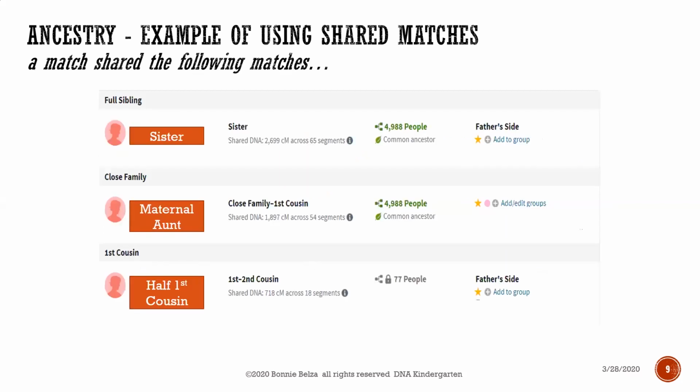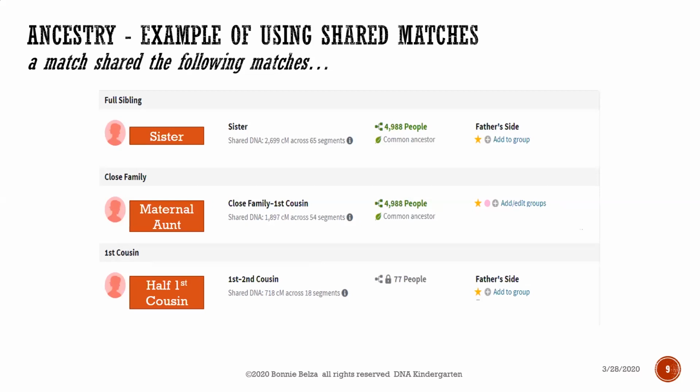Here's an example of using shared matches. I had a match, let's call him John, I believe this was a man, who shared these matches with me. John matched my sister, my maternal aunt, and a half first cousin.